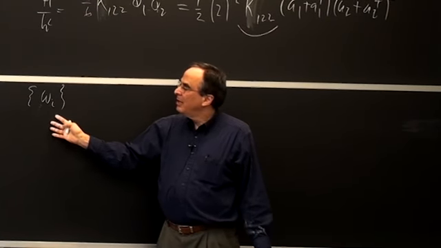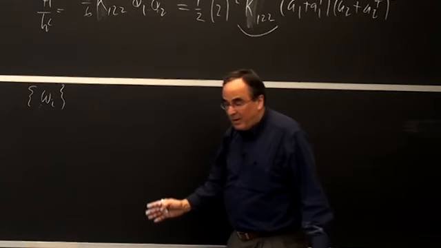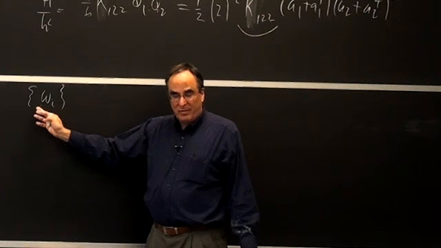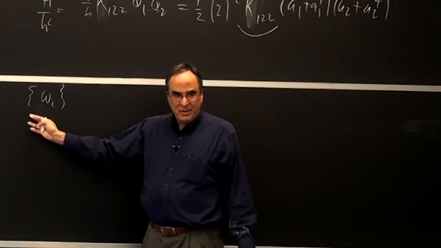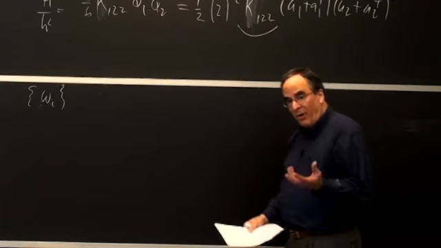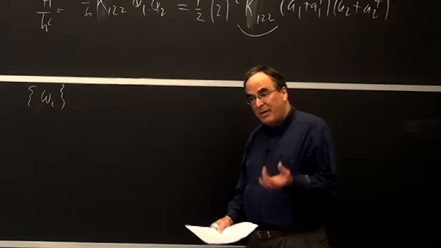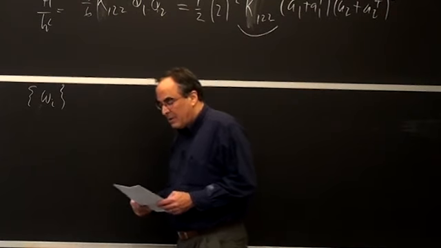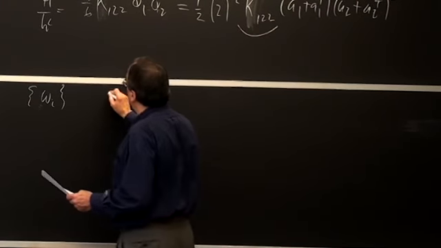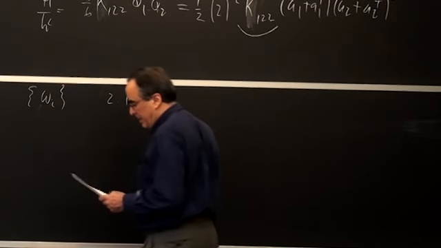And if you do some work, you can get a pretty good estimate of all of the harmonic frequencies. And so you can know that there are or are not likely to be some near resonances. Suppose there are. And suppose you have something that looks like a 2-to-1 resonance.